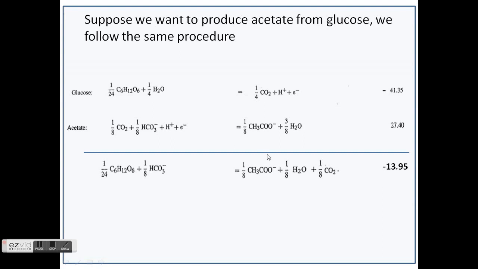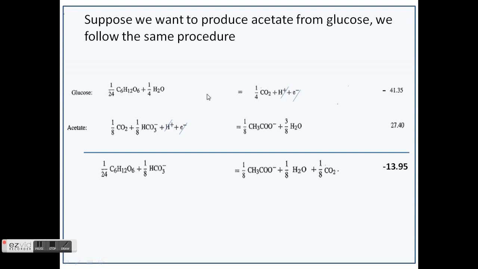We add our free energy, and then our hydrogens and electrons cancel out, but our water is not the same, so it won't cancel out. Our carbon dioxide is the same, it's not going to cancel out. This is bigger than this, so I can move this.